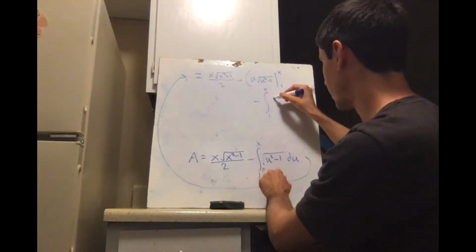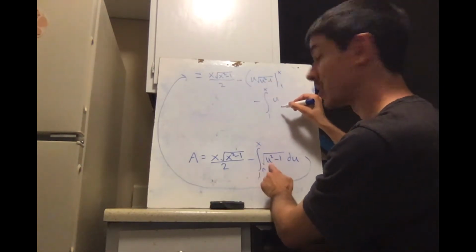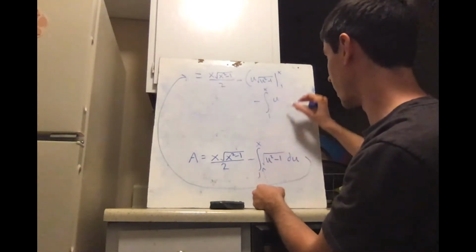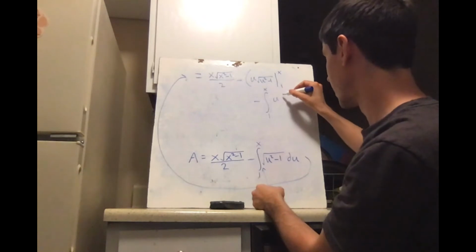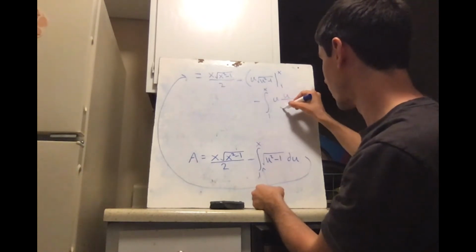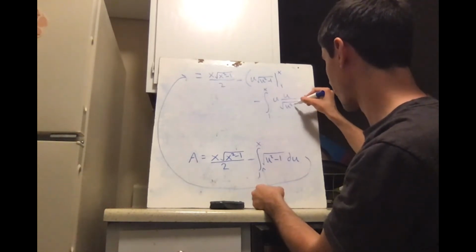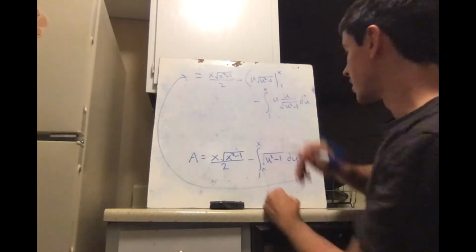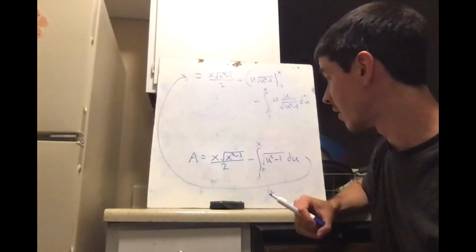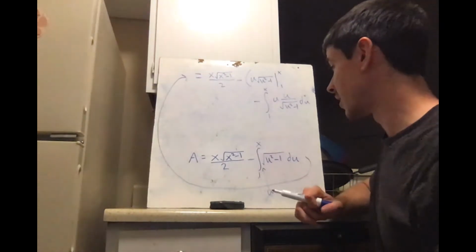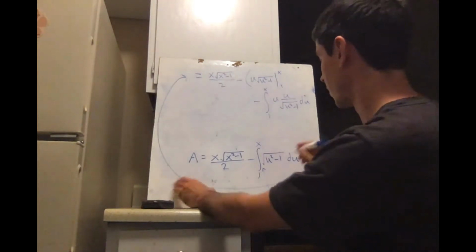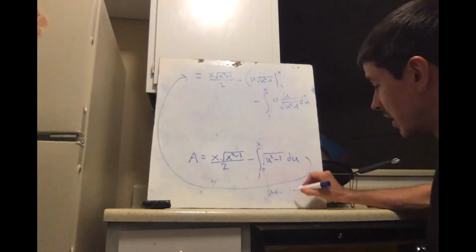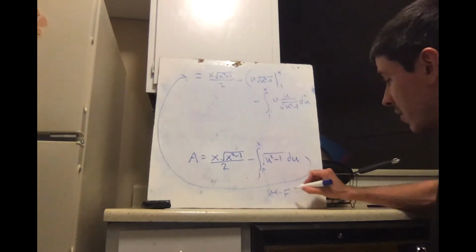Then we're going to have a u, the u that we brought in, then we're going to differentiate this thing right here, and the derivative of the square root of u squared minus 1 is u over the square root of u squared minus 1 du.